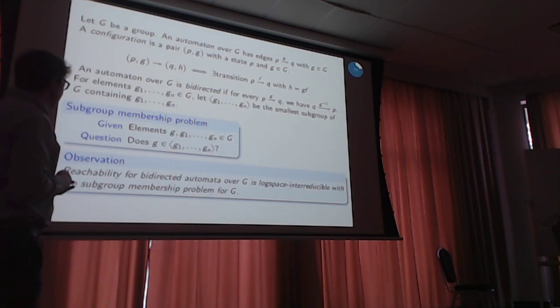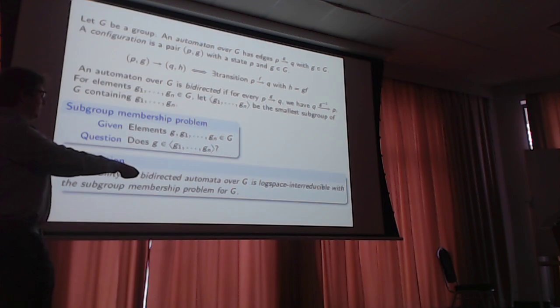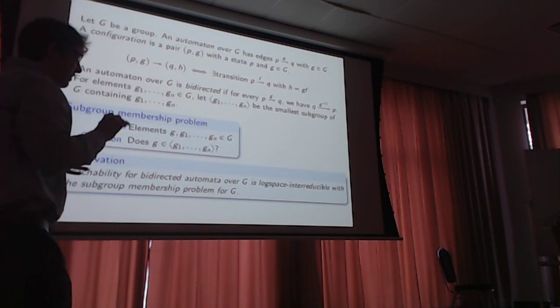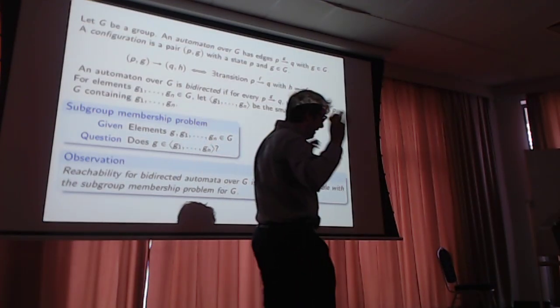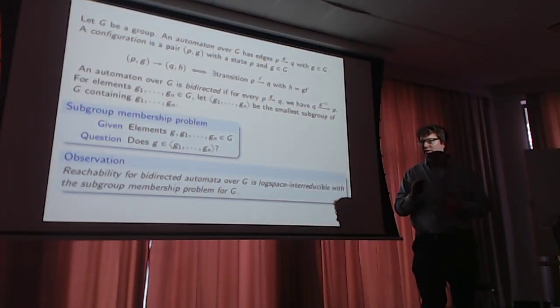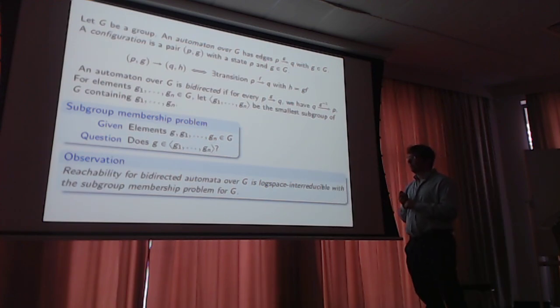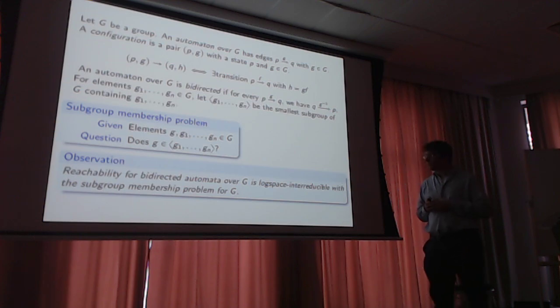And now the connection is that reachability for bidirected automata is even deterministic log space interreducible with the subgroup membership problem. So the connection between the two, I don't know who first invented this. You can claim it's Benoit in the 60s, or no, maybe not really, but maybe Stallings.